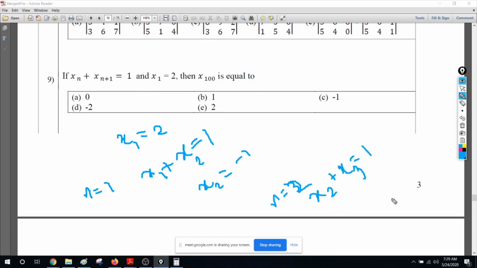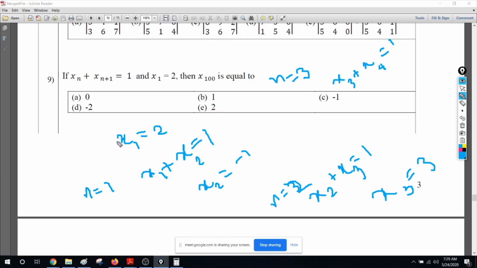Now we know x2, therefore x3 is going to be minus x2, that is plus 1. 1 plus 1 is 2. Now let's say n equals 3, then x3 plus x4 is 1. Now we know that x3 is 3, right? x3 is 3. Oh, I made a mistake. I think I made a mistake.